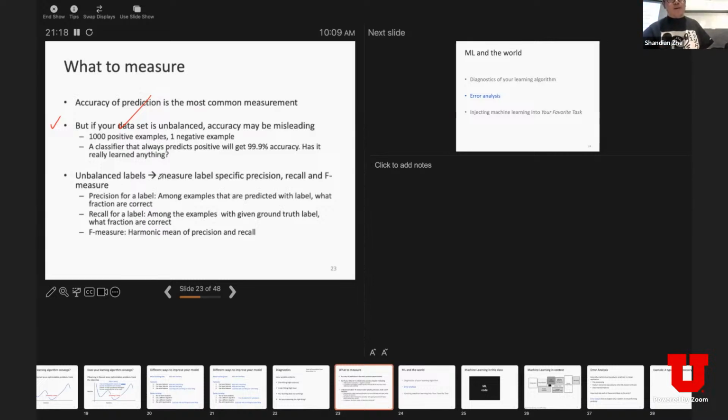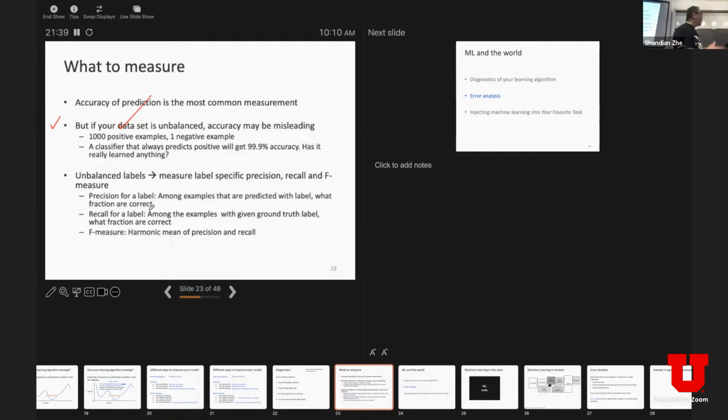So for the unbalanced labels, we need to measure some label-specific metrics, like precision, recall, and F measure. Precision for a label is, among examples that are predicted with that label, what fraction is correct. Recall is, among examples with a given ground truth label, what fraction are correct.